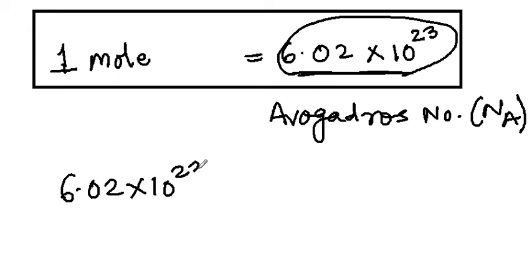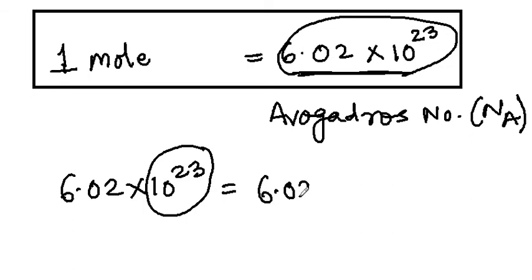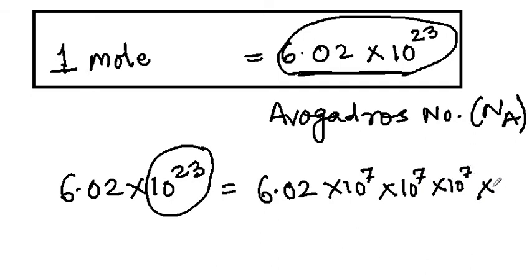How big is this number? Let's try to analyze this. If you expand 10 to the power of 23, it would look something like this: 10 to the power of 7, 10 to the power of 7, 10 to the power of 7, and this is 10 to the power of 2. Together, 7 plus 7 plus 7 plus 2 is 23.